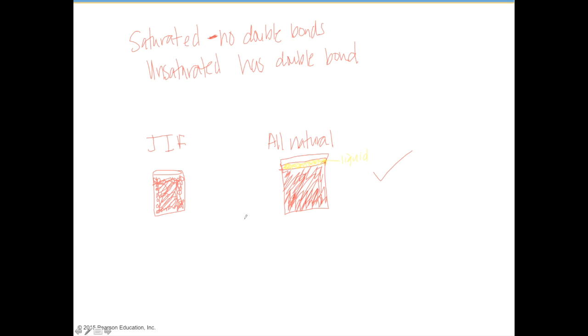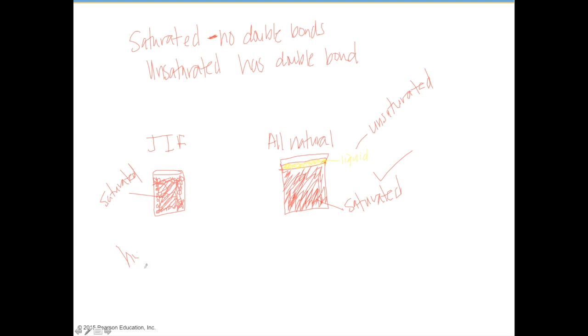It's the better one. What Jif and other nut butter companies have done is they've hydrogenated. So this liquid would be your unsaturated fats. And this is going to be your saturated fats. What they did is they've made all of this saturated. I think they do leave some unsaturated fats, but they have hydrogenated so much that it allows it to keep this consistency.